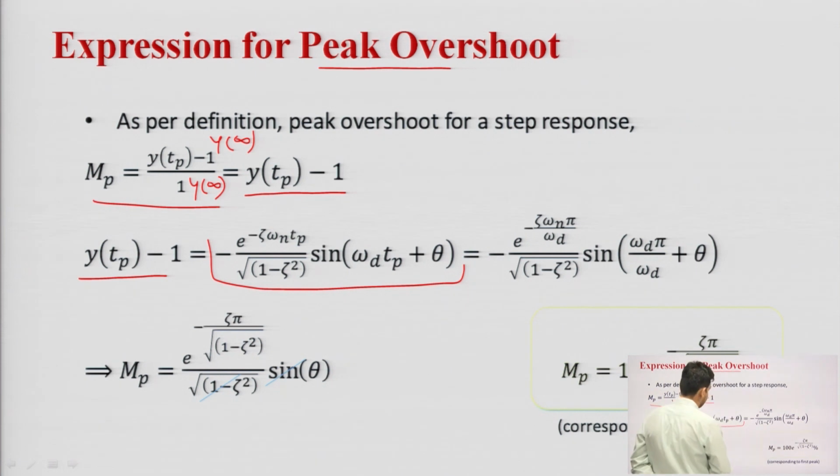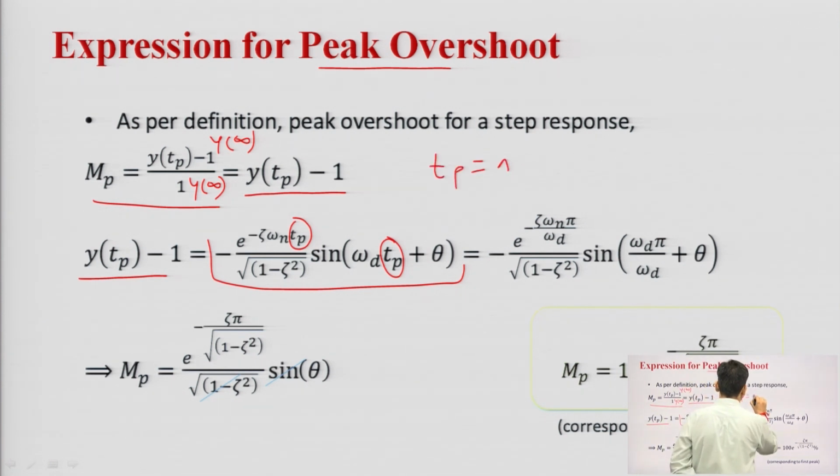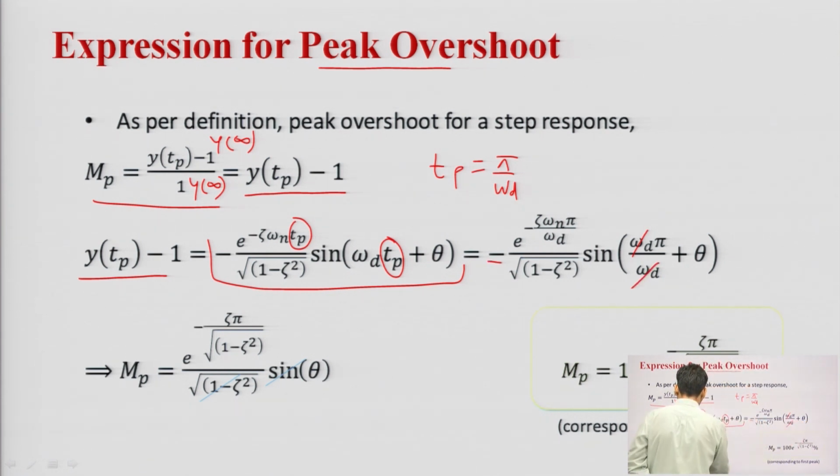Further, if I would like to simplify it, this is happening at peak time Tp. So here t will be replaced by Tp. I have to evaluate the value of Tp, that is pi over omega d, which we just derived in the previous slide. I have to put this value. So omega d will cancel out, pi plus theta, this minus sign will convert into plus, this is sin theta. In the denominator is square root of 1 minus zeta square, which I can replace by sin theta.